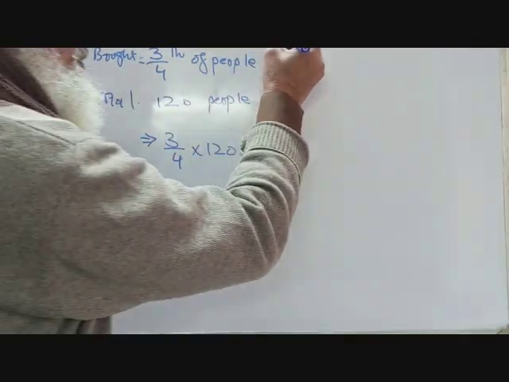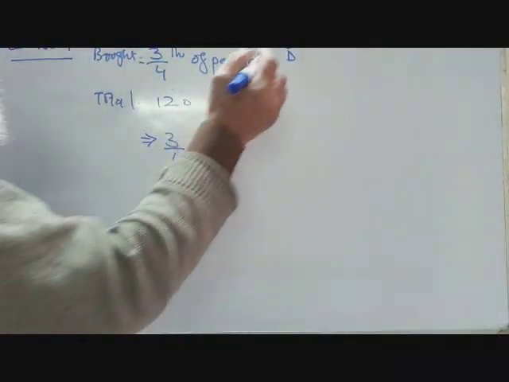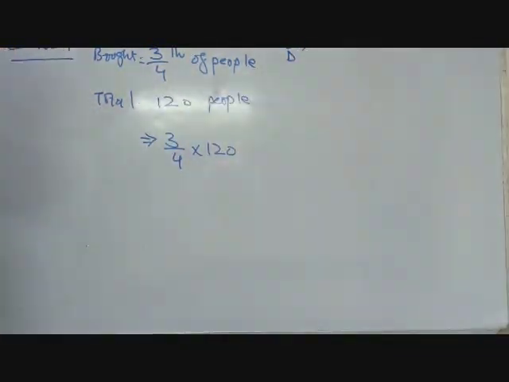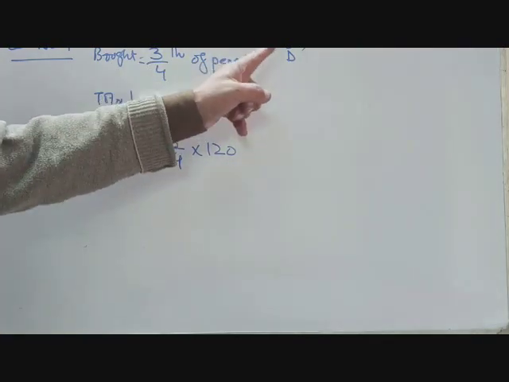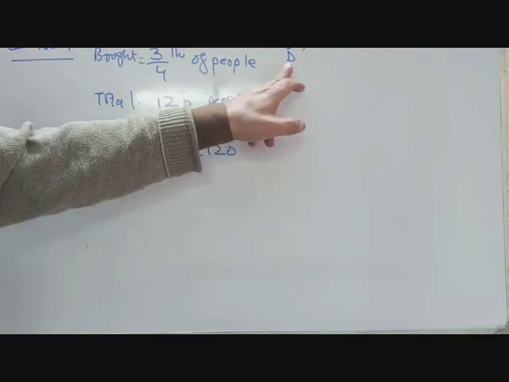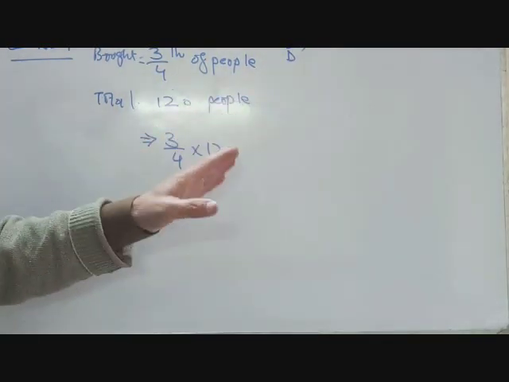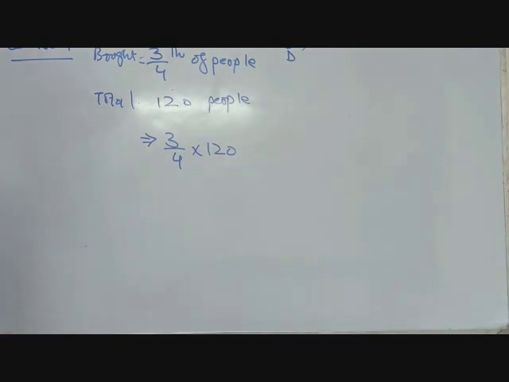You might have noticed that in BODMAS, of comes at the second place. It is also changed into multiplication, like division. But in division we flip over the fraction, while in of we don't flip the fraction.